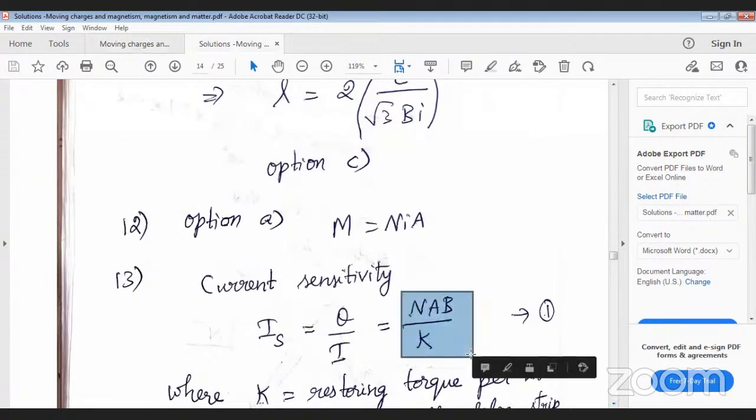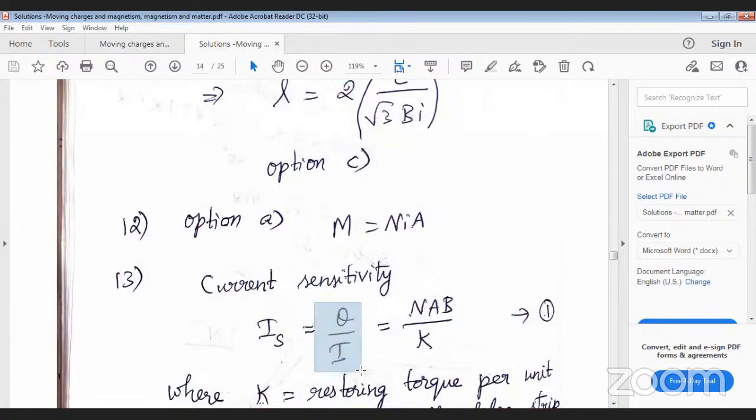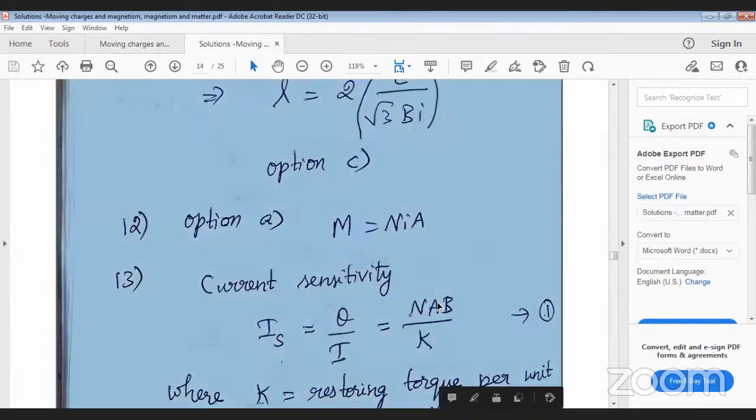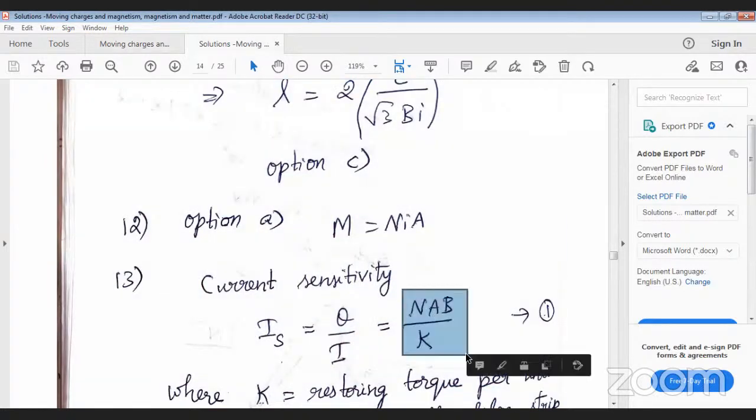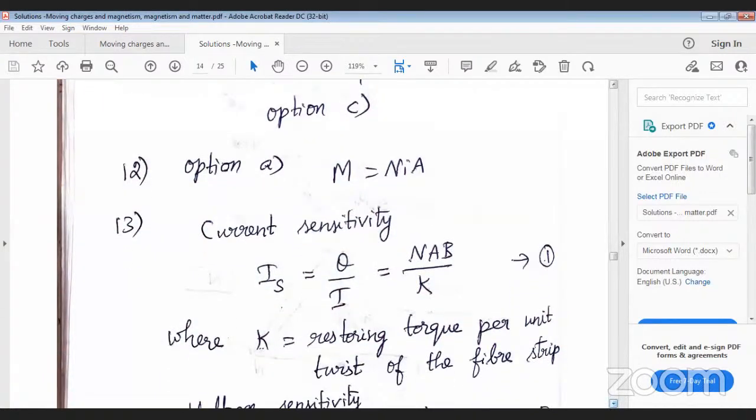nothing but NAB by K. Okay. Current sensitivity Is equal to theta by I, so that will be equal to NAB by K, where K is nothing but the restoring torque per unit twist.